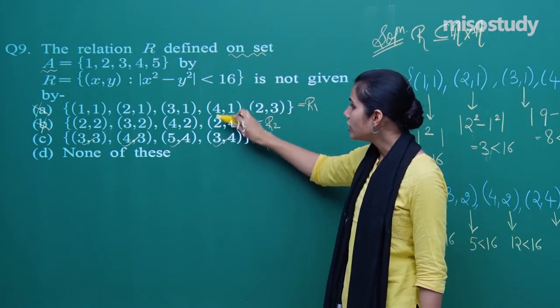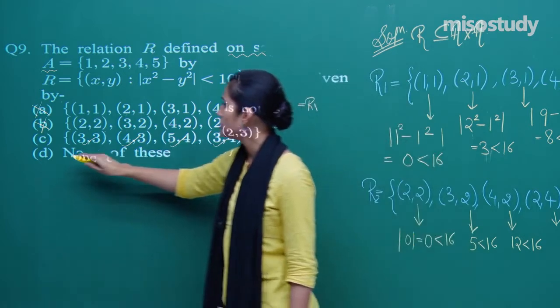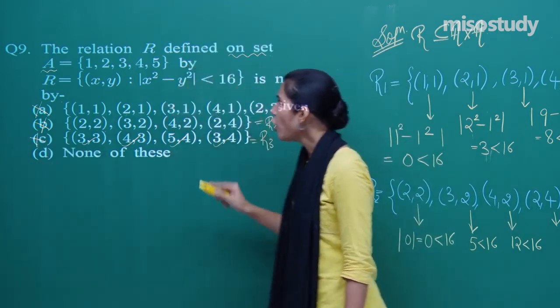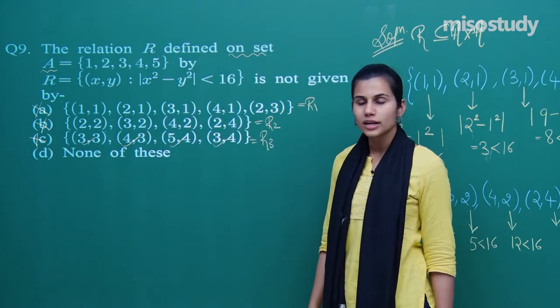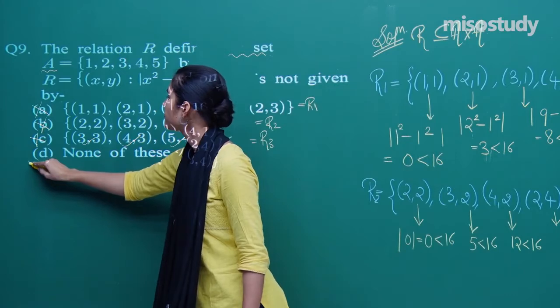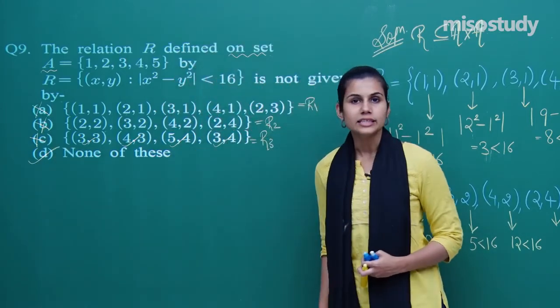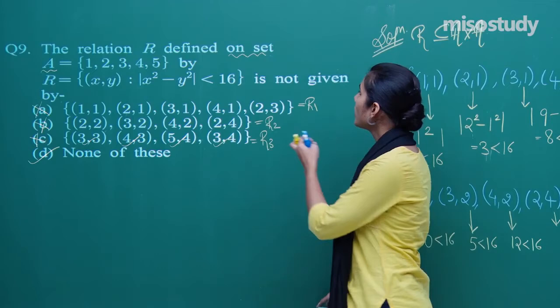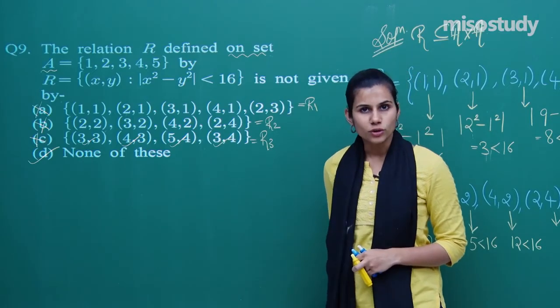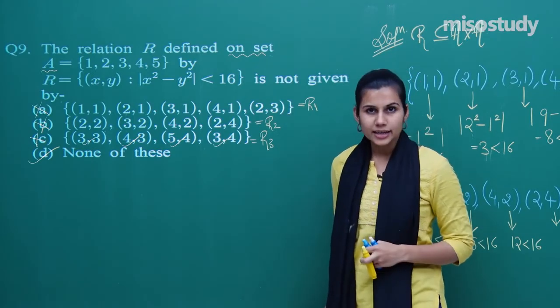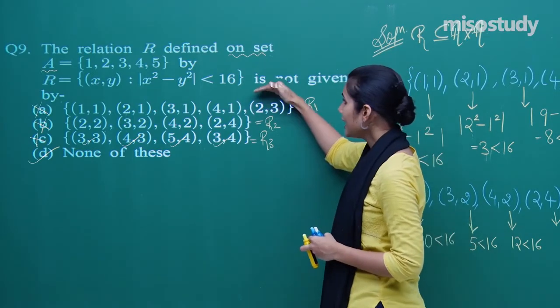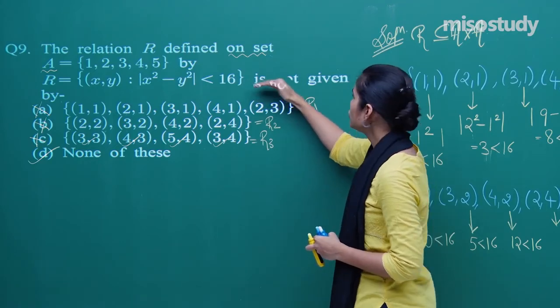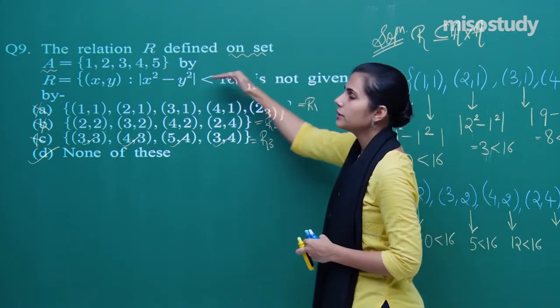And so among all these three relations, none of them are formed by not following this rule. And so the answer is none of these. None of the above relations are formed without satisfying this rule. That is what should have been the correct answer. The correct answer is that option which is giving a relation not given by this rule.